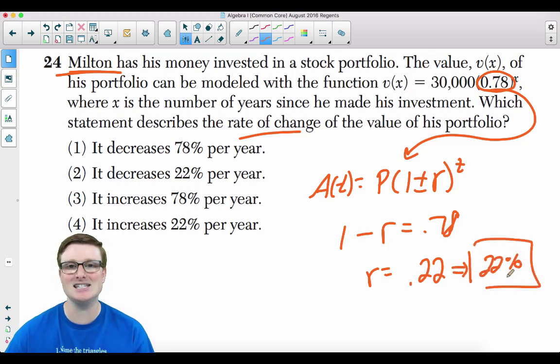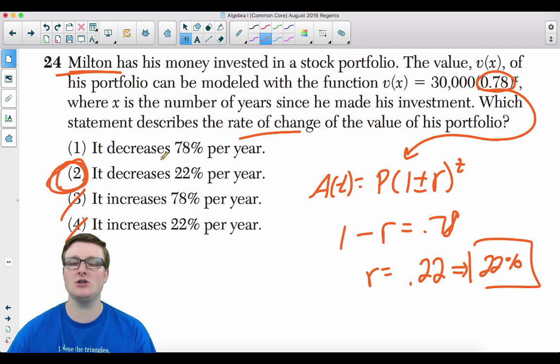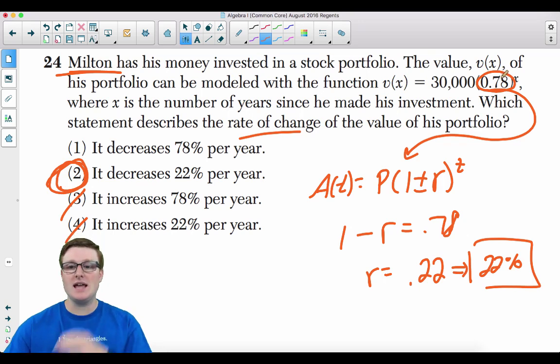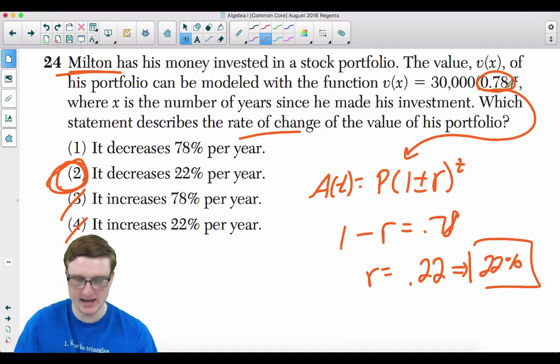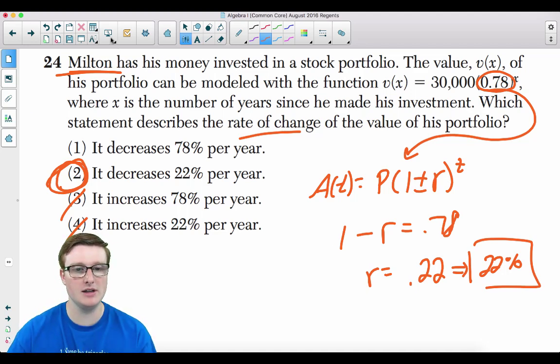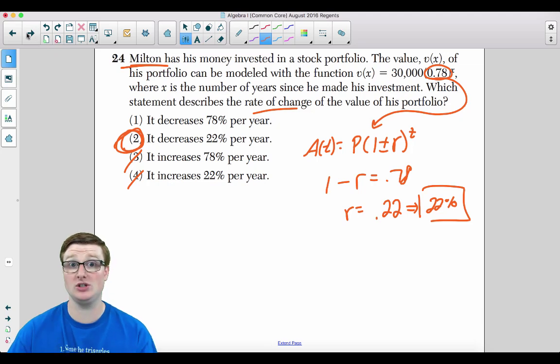So this stock is decreasing by 22% each individual year. So it's not increasing, it's decreasing by 22% per year. If it was decreasing by 78%, God help him. People thought it was 78% because it just shows 0.78, but just remember it's 1 minus the rate. 0.22, 22%, that's it. All right, so the answer to number 24 is going to be choice 2.